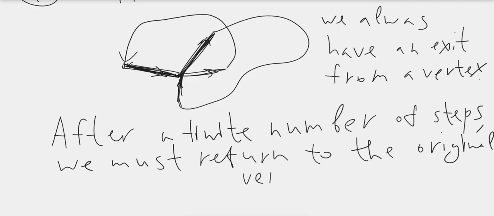to the original vertex. So this would be a closed walk, but it might not be an Eulerian cycle, because we might not visit some edges at all. So it is a closed walk.